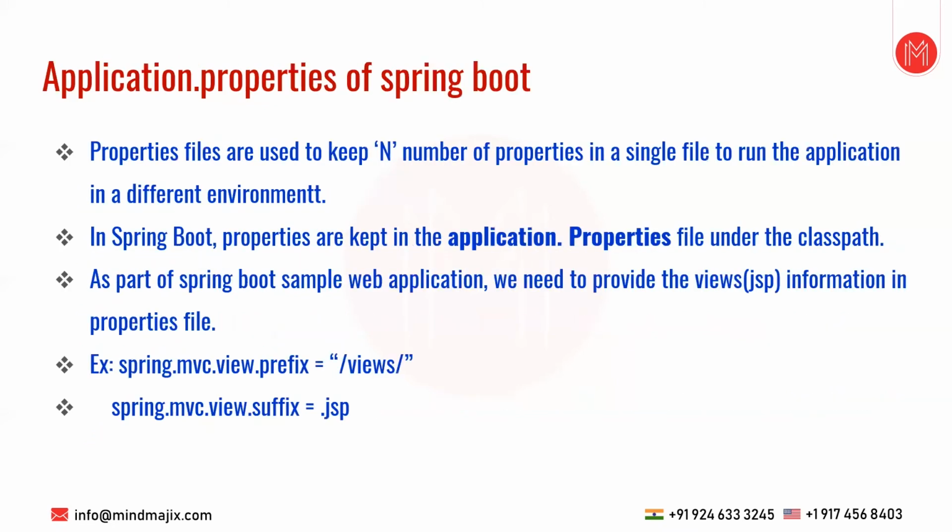Okay. And one more thing is, in case you are working with multiple view components, or if you want to change the port number of Tomcat server, then we need to do all the external configuration in the application.properties file of Spring Boot. So what is the use of this properties file?